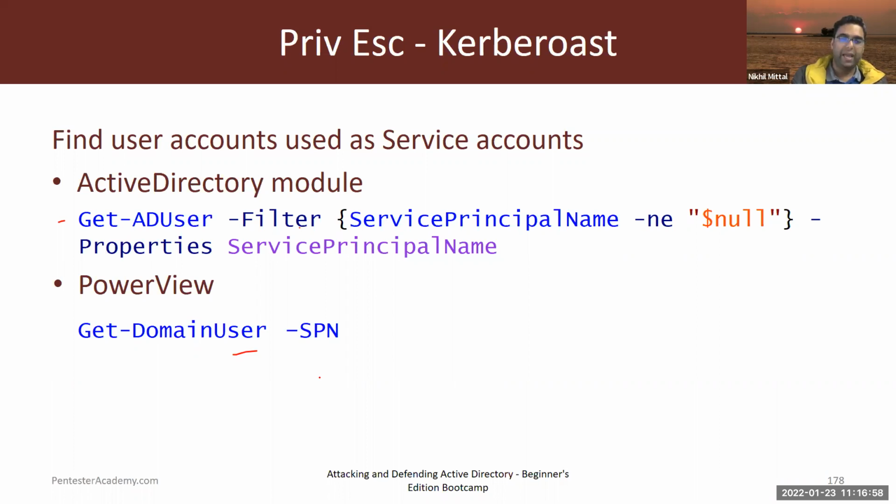If it simply has the SPN property populated, it is a service account for the DC. The DC would not check if the account is actually used to run a service or not. All right, so that is how we find Kerberoastable accounts.